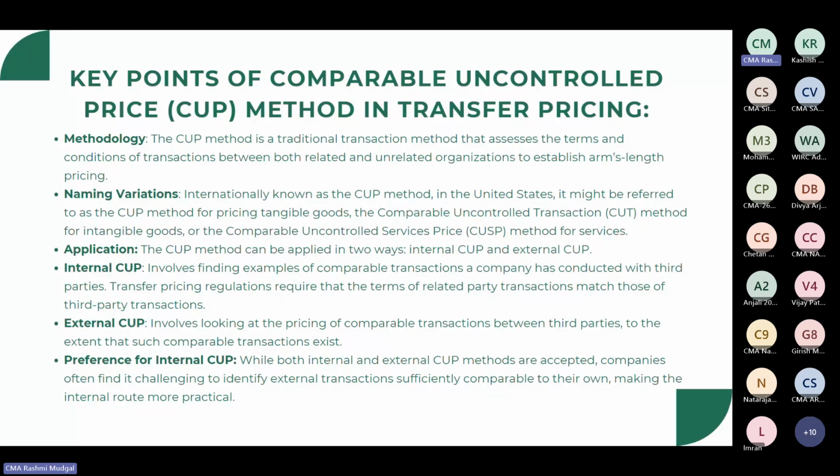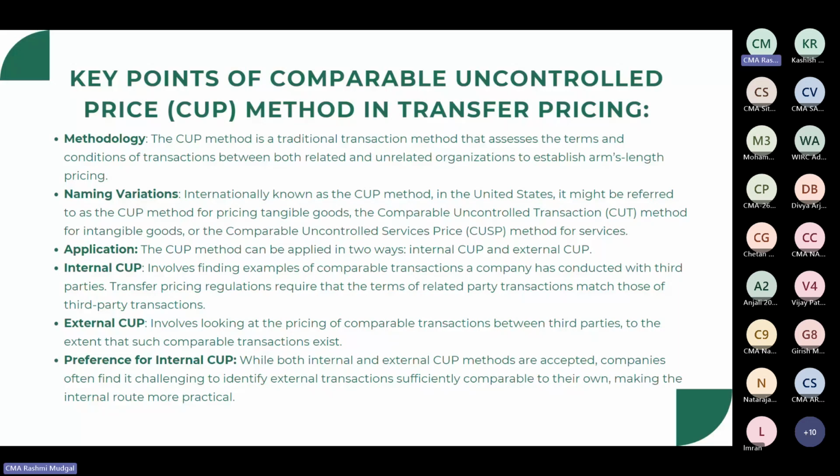Firstly, methodology. It is a traditional transaction method that assesses the terms and conditions of the transaction between both related and unrelated organizations to establish an arm's length price. So they look at the related and unrelated party to judge whether it is fair to transfer at this price to the related person or not.